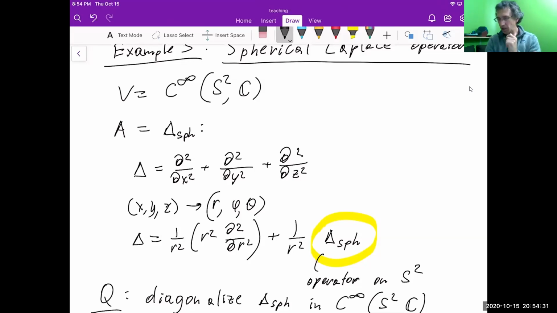And after a little bit of technical work, which I'm certainly not going to describe, the really meaningful part of that is to diagonalize this spherical Laplace operator. If you can do that, then you can find the spectrum of the hydrogen atom, or in fact of any kind of atom in this simplification.